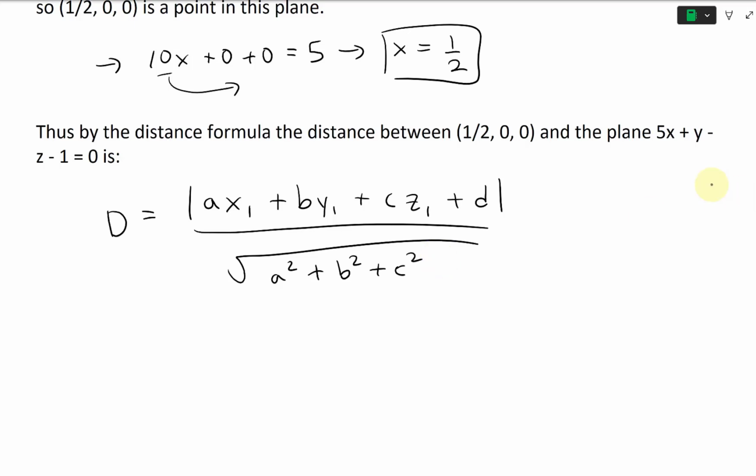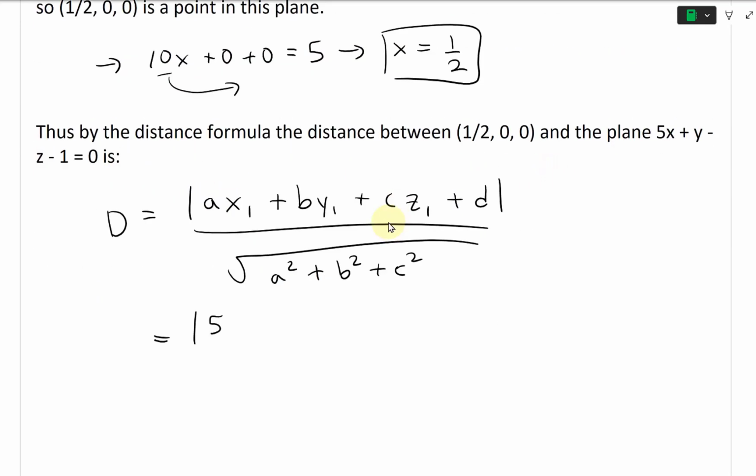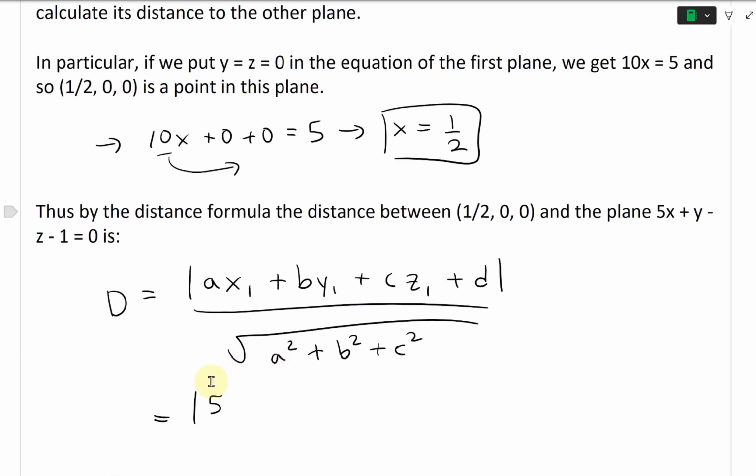On this plane, 5x plus y minus z minus 1 equals 0, a is just the coefficient in front of the variable, so it's 5, and x1 is from the point on the first plane, 1/2, 0, 0.